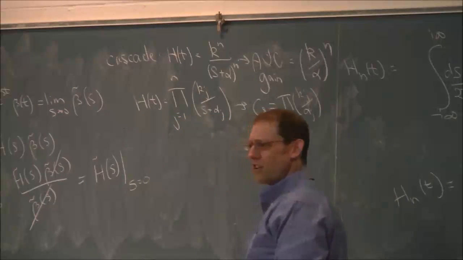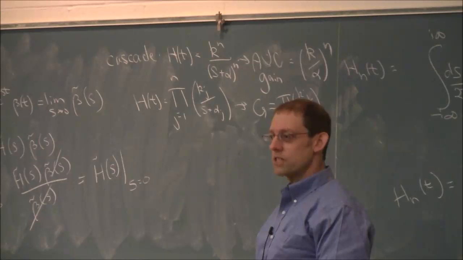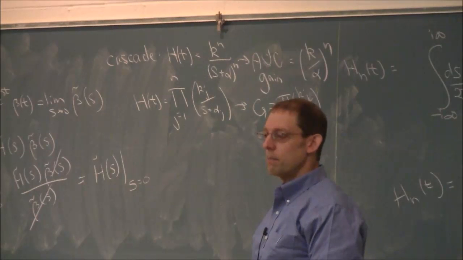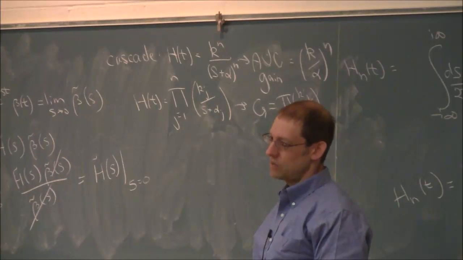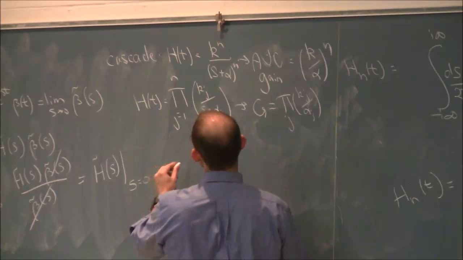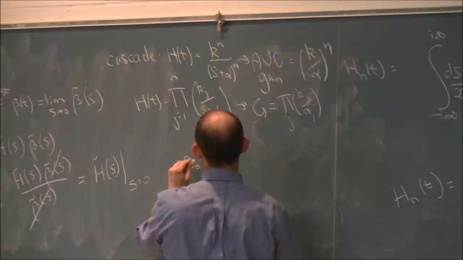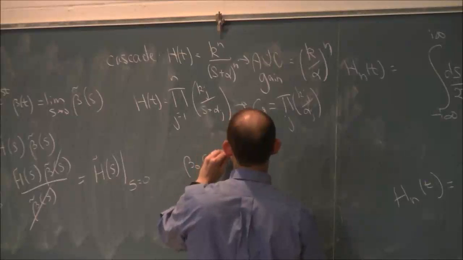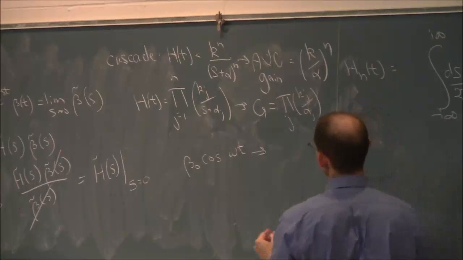So I think one of the homeworks has you apply a cosine input to a cascade, possibly, so I don't remember whether that's still one of the inputs, but you'll end up proving that for a cascade, if the input is something like beta 0 cosine omega t, the output is very simple.